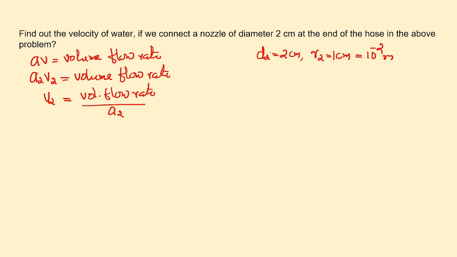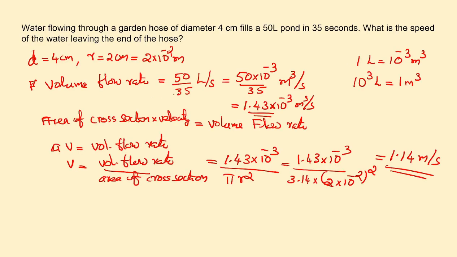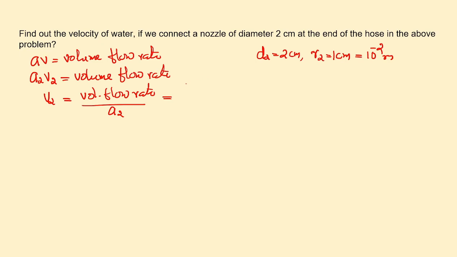Let us substitute. The volume flow rate we saw earlier is 1.43 into 10 raised to negative 3. So 1.43 into 10 raised to negative 3 divided by the area of cross section, pi, 3.14, and the radius R2 is 10 raised to negative 2, R2 square.